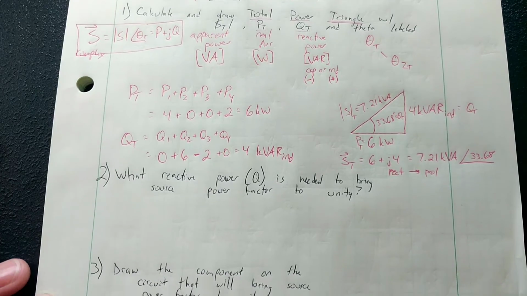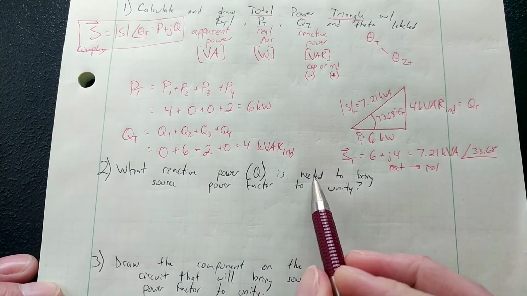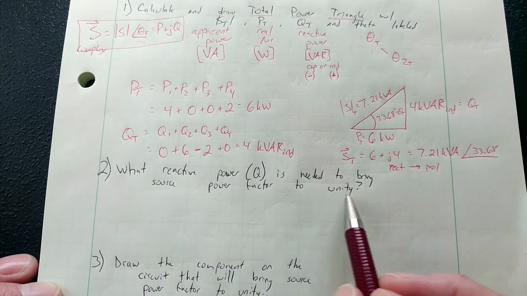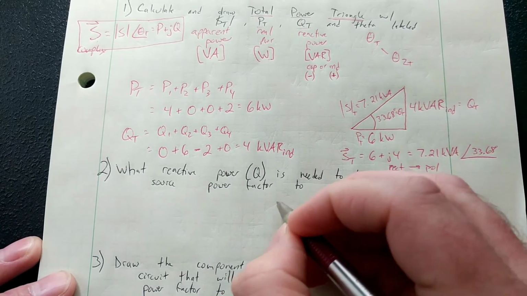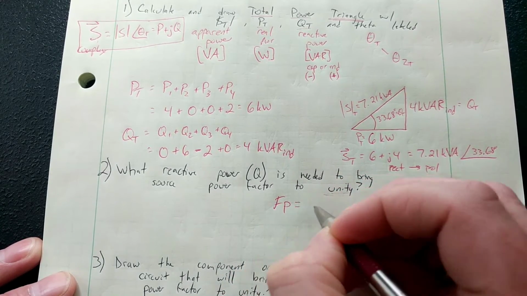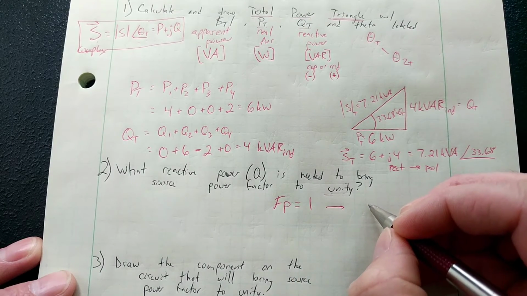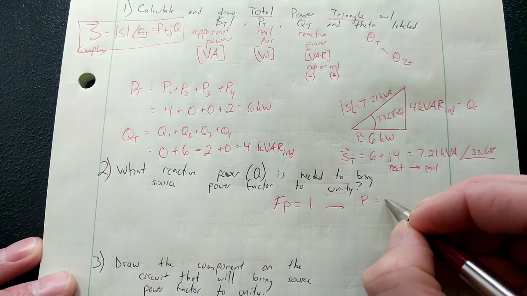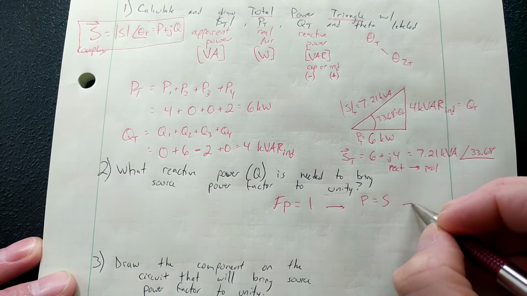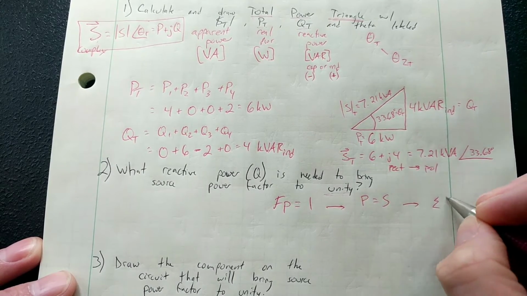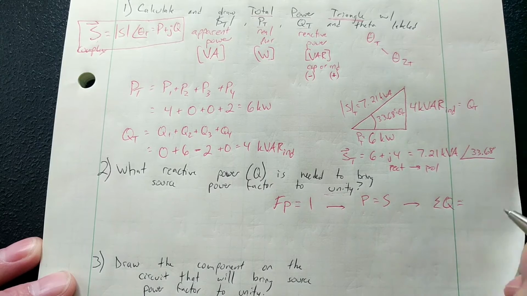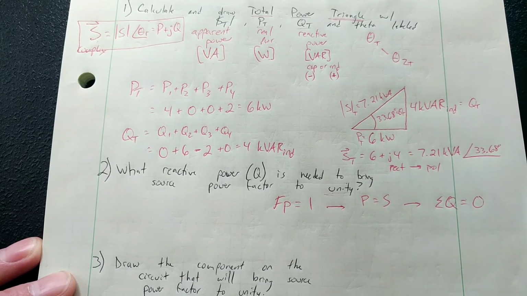Okay. What reactive power is needed to bring the source power factor to unity? The source power factor to unity means I want PF to be equal to 1, which also means that I want P to equal S, which also means that I want the sum of all my Q's inside of my circuit to sum to 0.